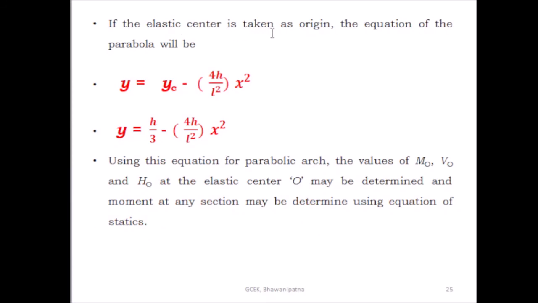If the elastic center is taken as origin, the equation of the parabola will be y is equal to YC minus 4H by L square into X square. Then after putting YC equal to H by 3, y is equal to H by 3 minus 4H by L square into X square. Using this equation for the parabolic arch, the values of M0, V0 and H0 at the elastic center O may be determined.